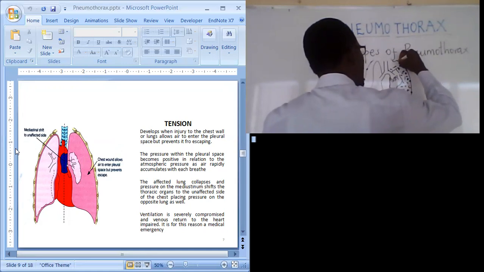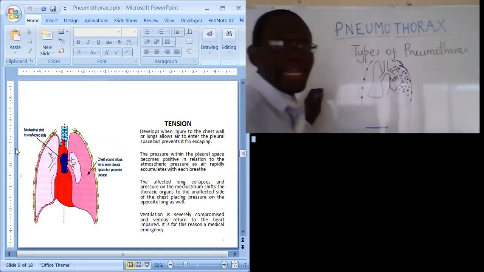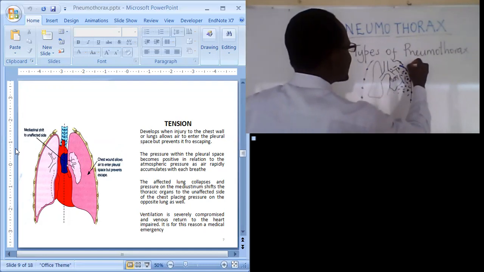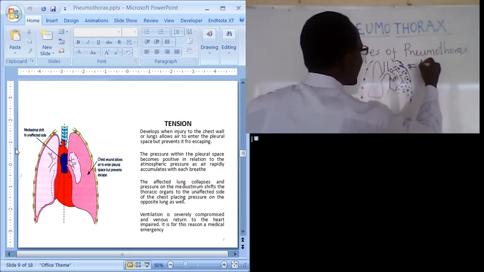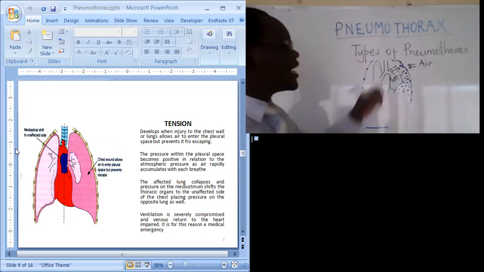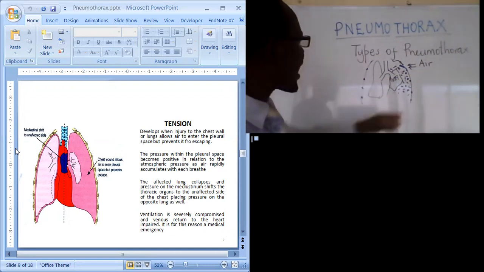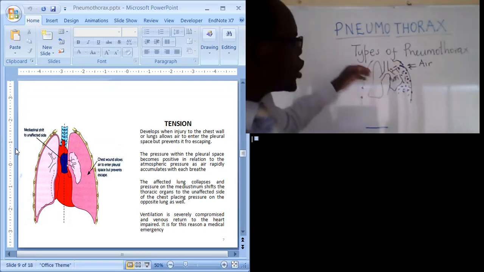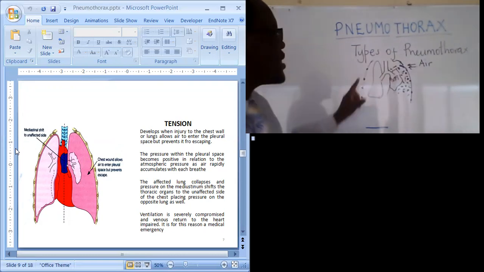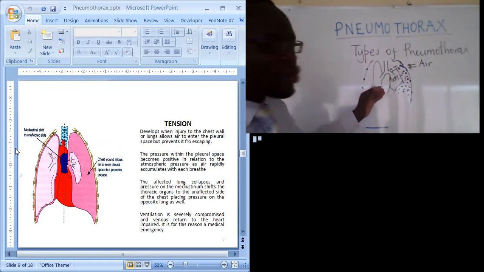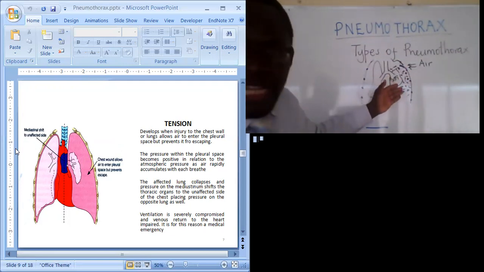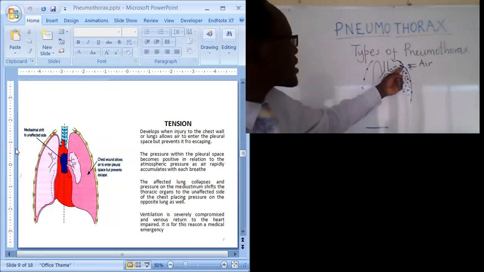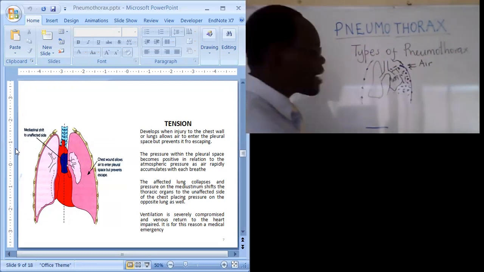When air enters, air can freely enter, as you can see, because that valve is pointing that side. So when air comes, it can freely enter. However, it cannot go out, because when it tries to go out, this valve basically seals it off.